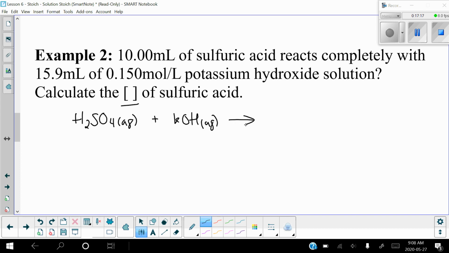This is going to be a double replacement reaction where your positive ions are going to switch places. So these two are going to switch places. You are going to produce water, and you're going to produce a salt, which is going to be potassium sulfate.